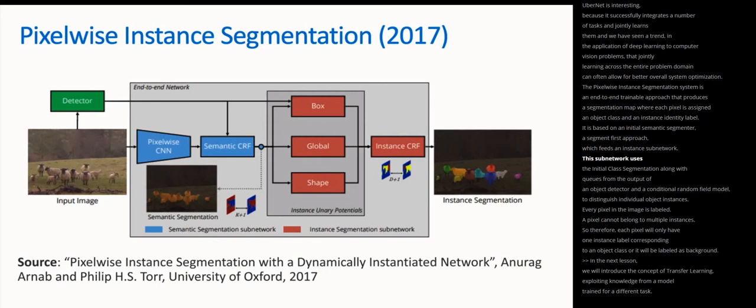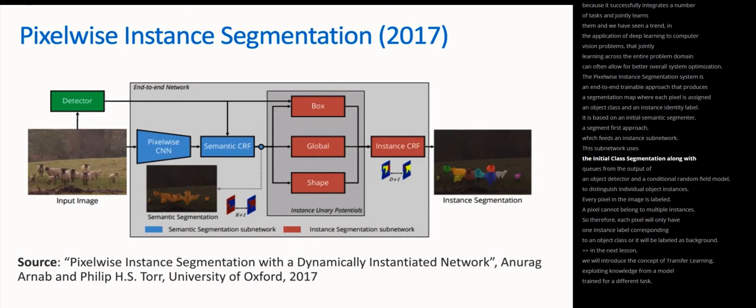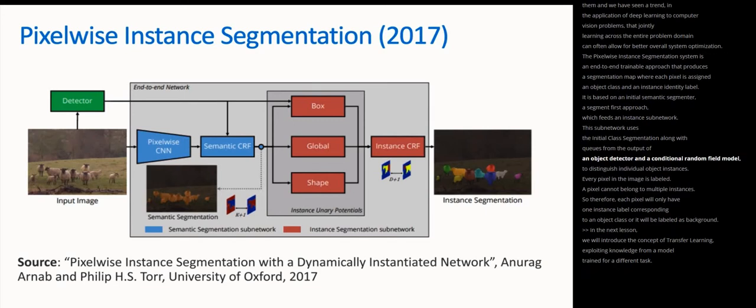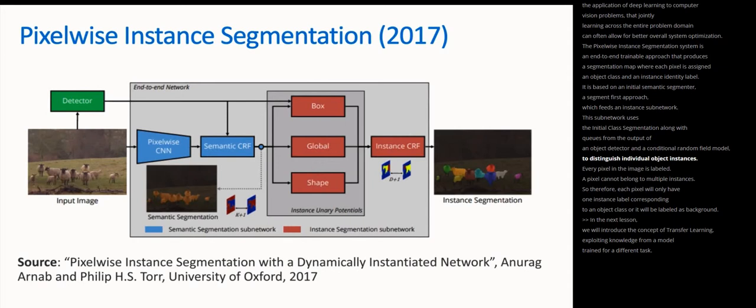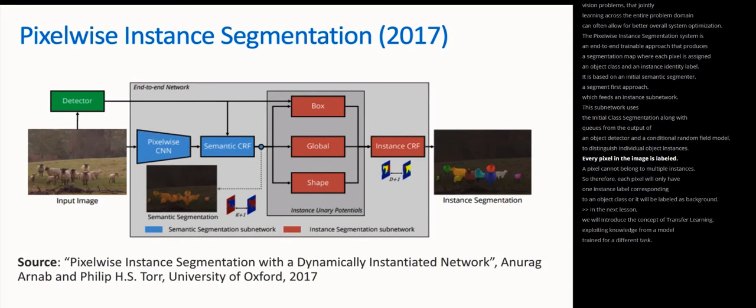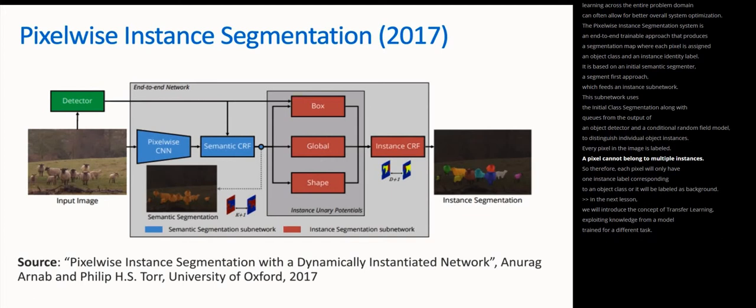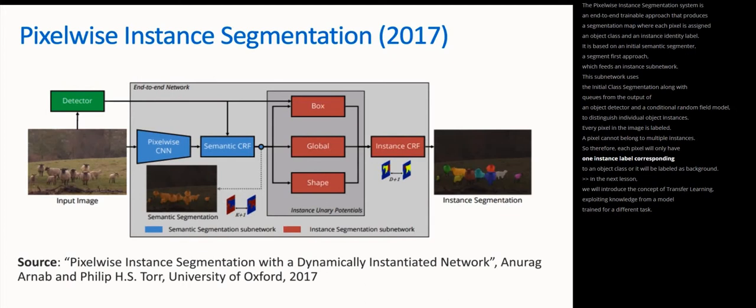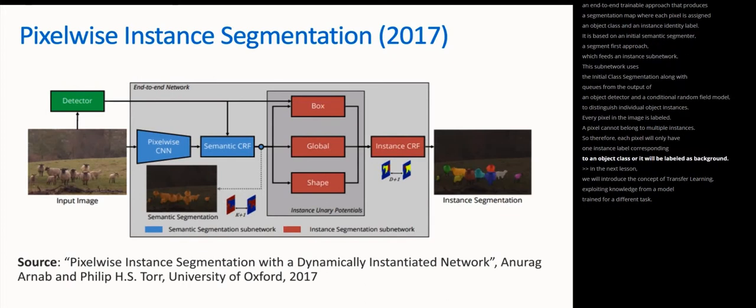This subnetwork uses the initial class segmentation along with cues from the output of an object detector and a conditional random field model to distinguish individual object instances. Every pixel in the image is labeled, and a pixel cannot belong to multiple instances. So therefore, each pixel will only have one instance label, corresponding to an object class, or it will be labeled as background.